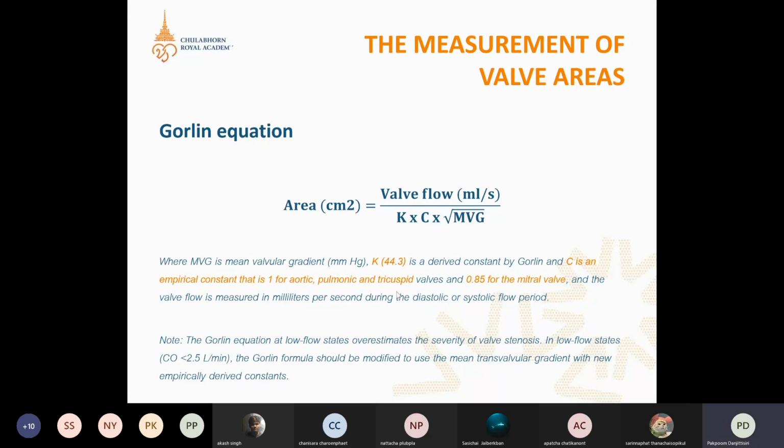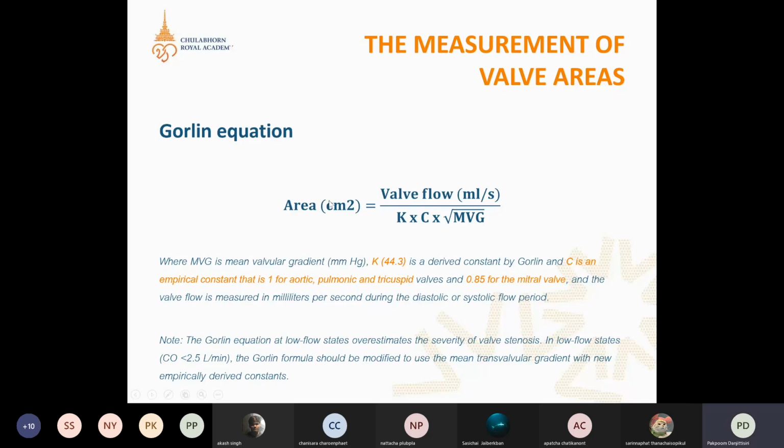After you get all of the information from doing right and left heart catheterization, you can calculate the valve area by using this equation, which is called the Gorlin equation.